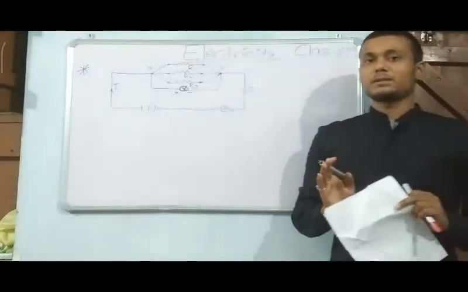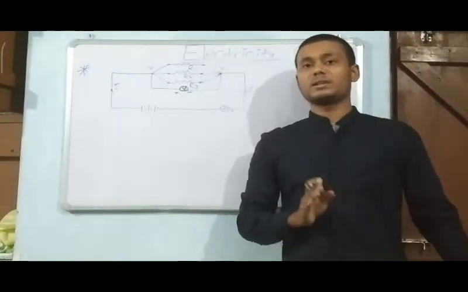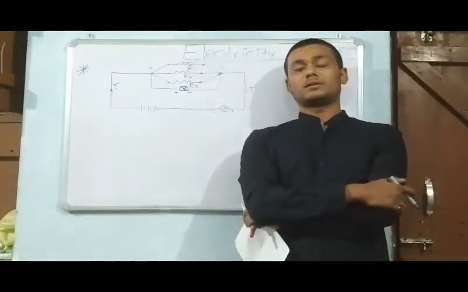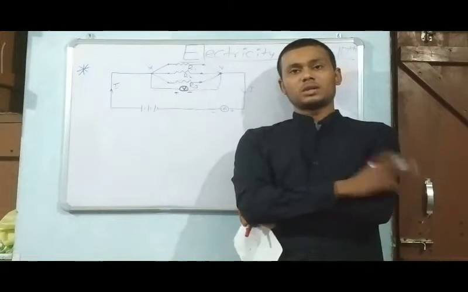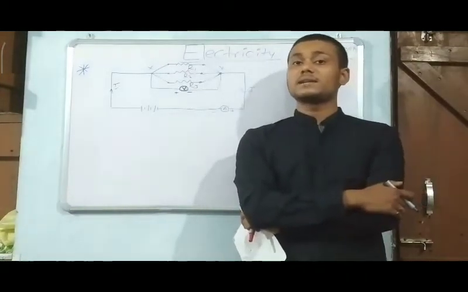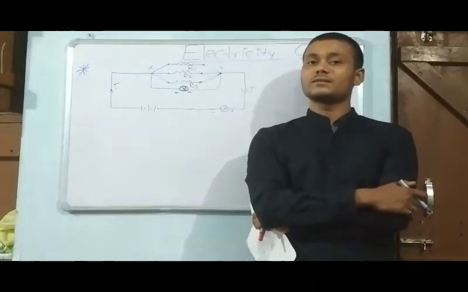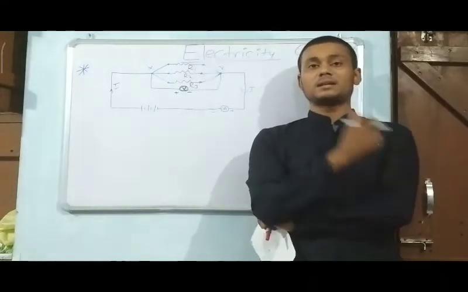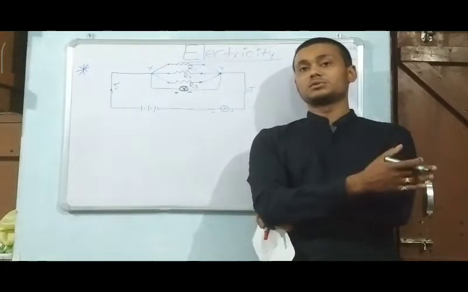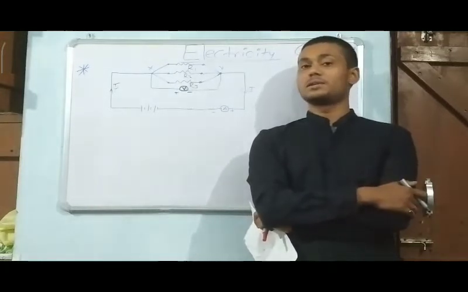The concept of parallel combination is just opposite to the concept of series combination. Remember, in series combination the current is the same and the potential difference is different, but in parallel combination the scenario will change, just opposite to the series combination.